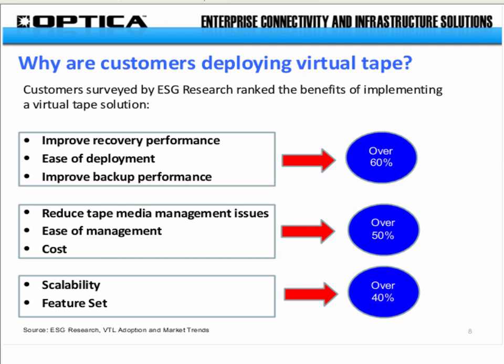While you're thinking about that, we have a poll that was actually done by the ESG research group. These are customers that actually implemented a virtual tape system, and they talked about the benefits that they got from doing this. The first reason was to improve recovery performance.